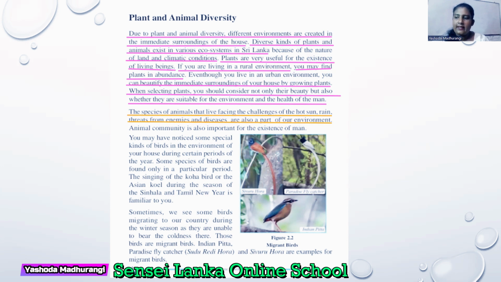Do you understand it? Some animals face challenges. Hot sun is a challenge, rain is a challenge, threats from enemies and diseases. They are challenges for people and other animals. So the animal community is also important for people, for the existence of man.